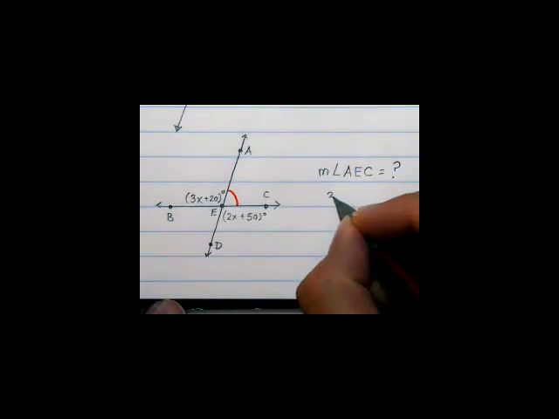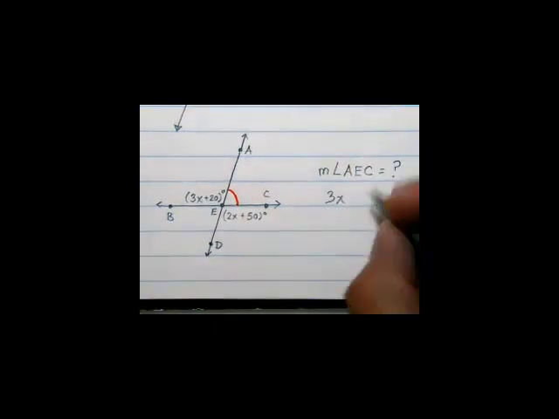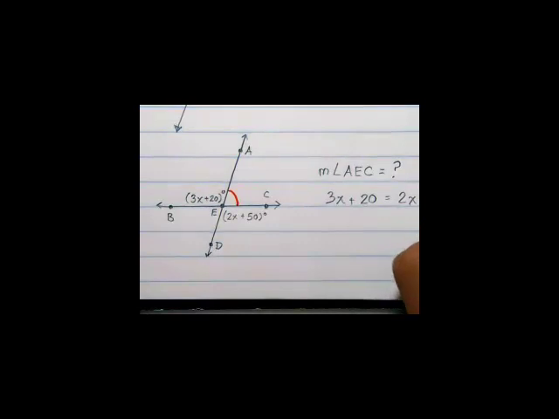Right, they're equal to each other. 3x plus 20 equals 2x plus 50. Those are vertical angles, so their measurements are equal. So I can take the little measurements they gave me there and set them equal to each other. Again, take the geometry hat off, put the algebra hat on, and just solve the equation.